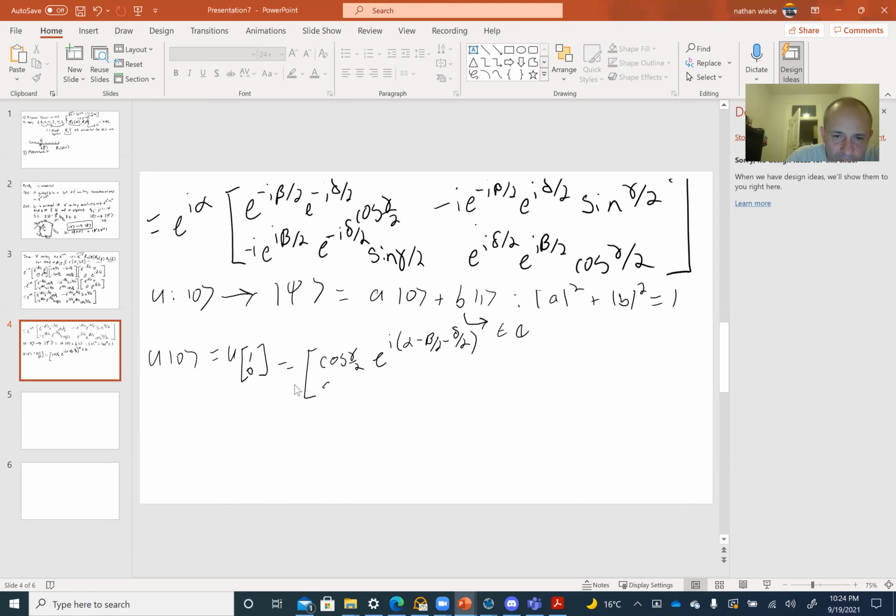Then, of course, for this one, we have sine gamma by 2. And then we have e to the I alpha plus beta by 2 minus delta by 2, and then we have minus pi by 2.